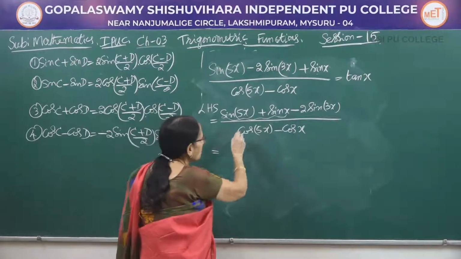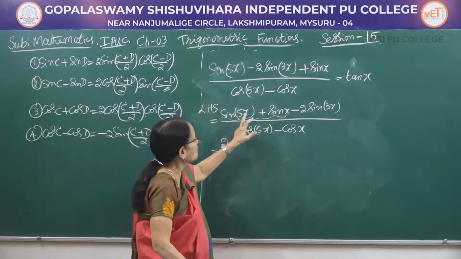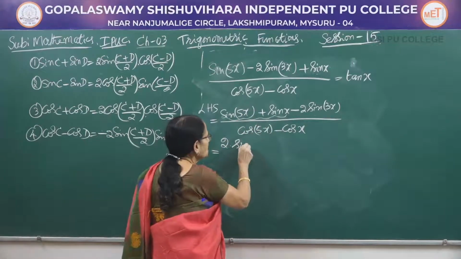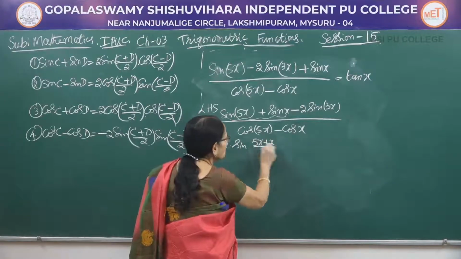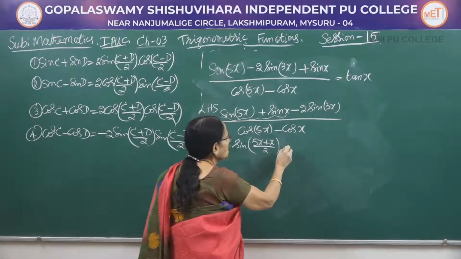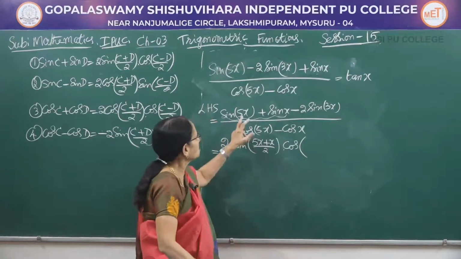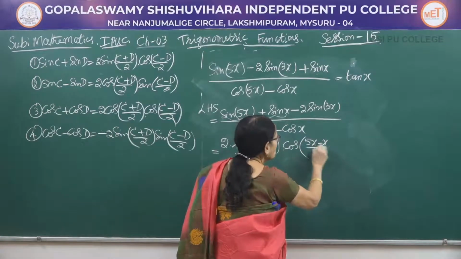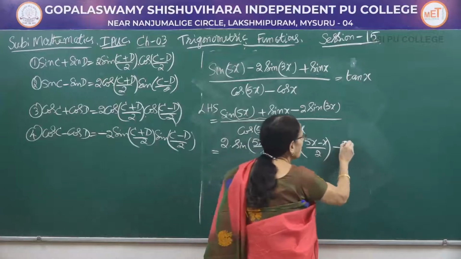Now, when you apply the formula here, 2 times sin of (C plus D) by 2, that is 5x plus 1x divided by 2, into cos of (C minus D) by 2. It is 5x minus 1x by 2. Now write the other one as it is.